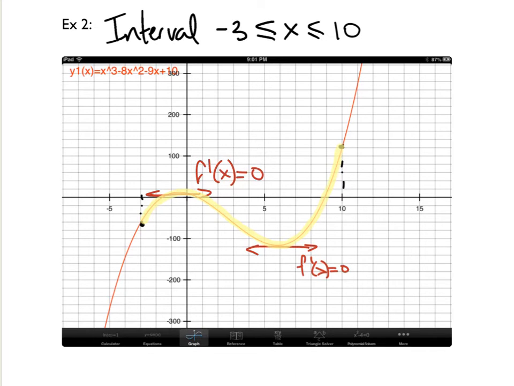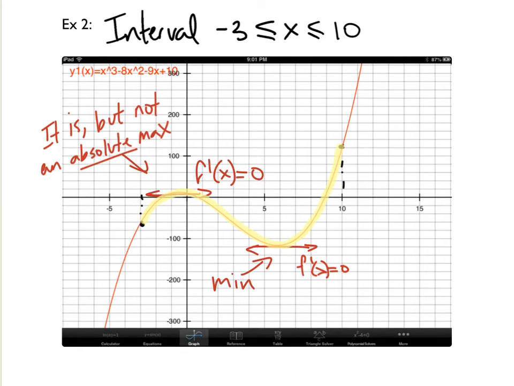Those will give us local maxes or mins. This is definitely a min, but I'm not sure about this one being a max, because this point right here is much higher. So I would say this would be your maximum value, even though it's not a turning point. And this point right here is a local maximum, but not an absolute maximum.